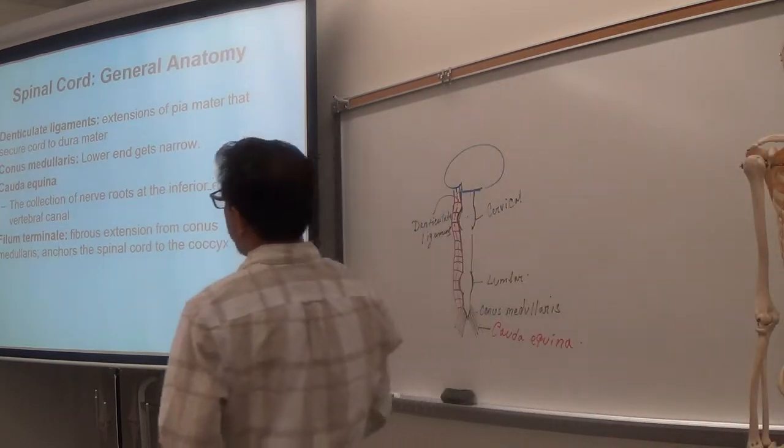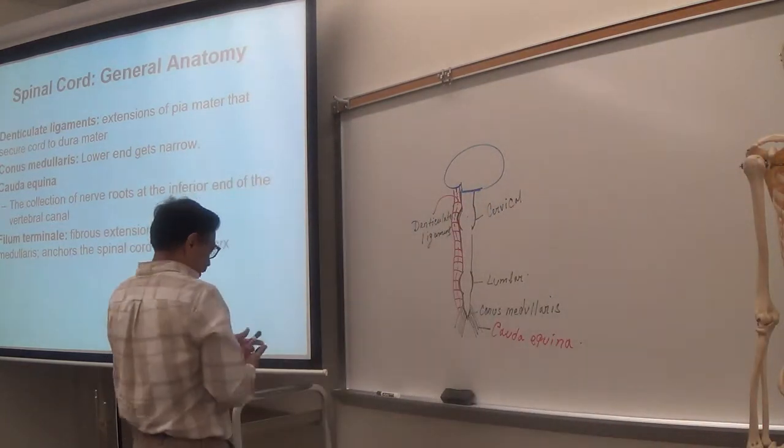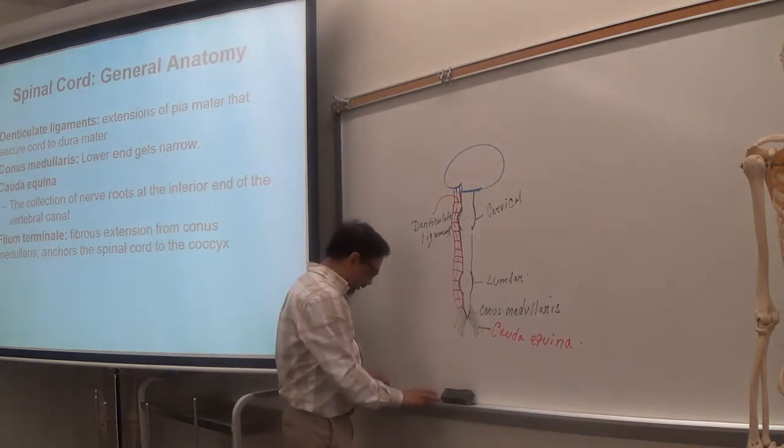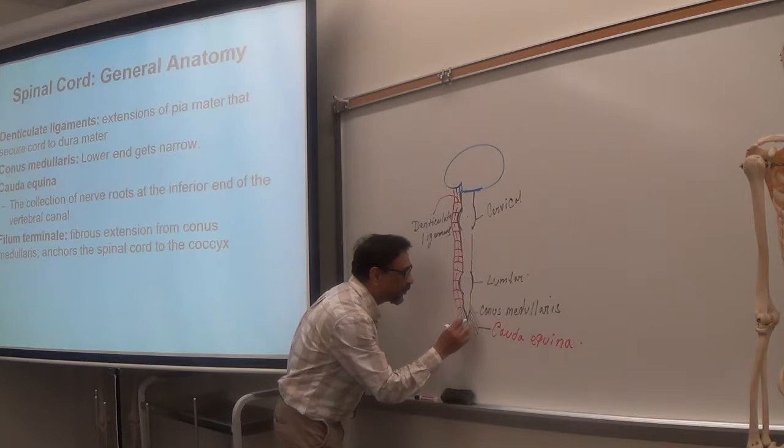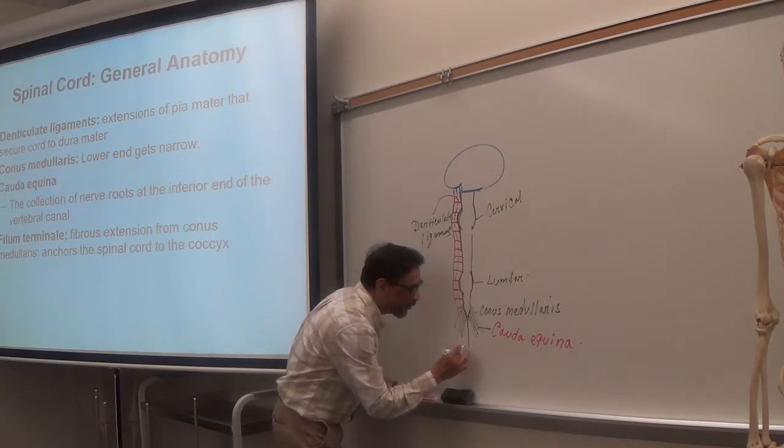Bundle of nerve roots at the lower end of the spinal cord form horse tail like structure. And then another structure goes from the lower pointed end of the spinal cord or conus medullaris to the tailbone, which is called the coccyx. You know that? Coccyx.